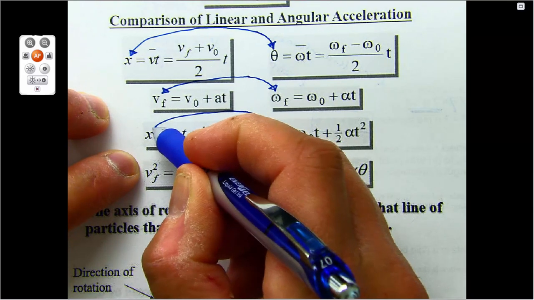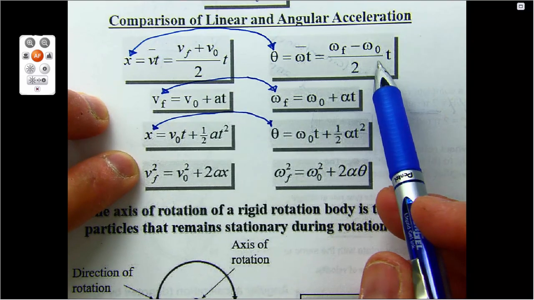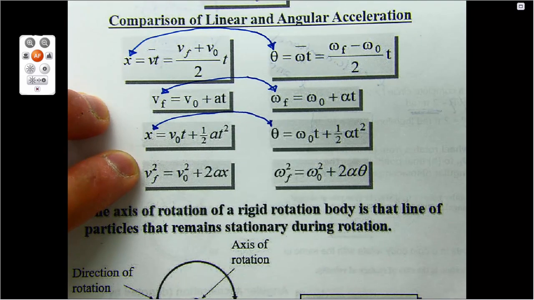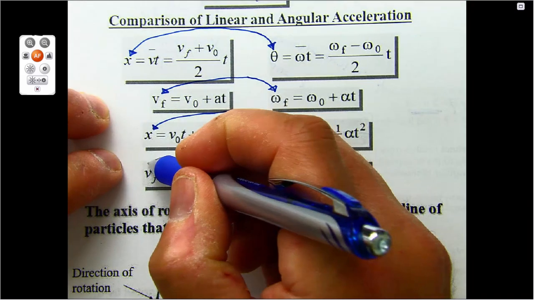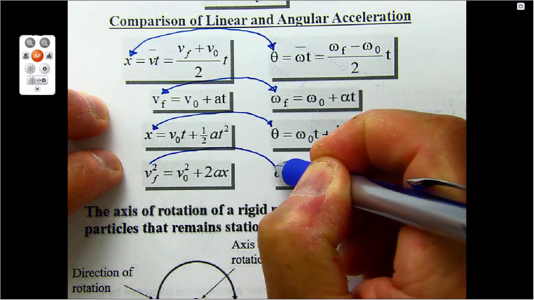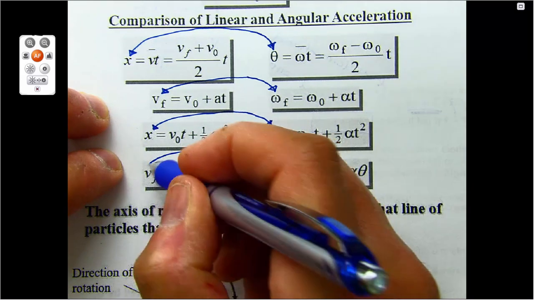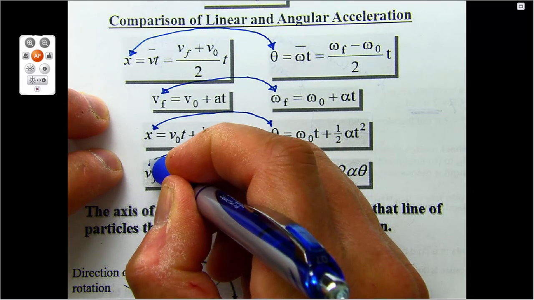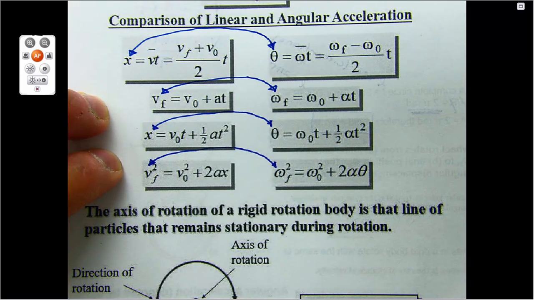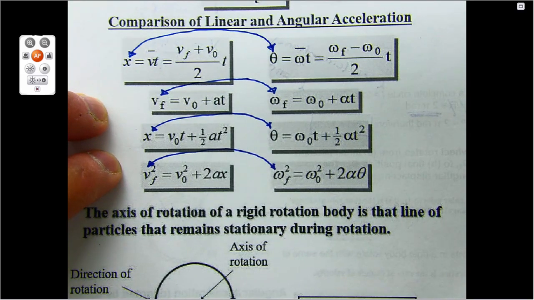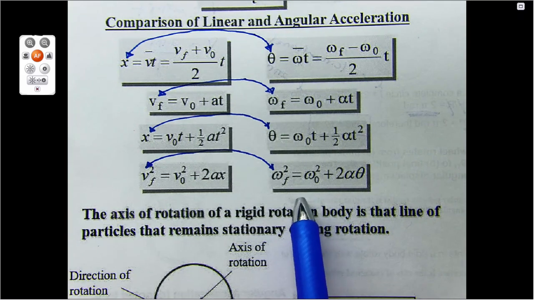We're just substituting in the rotational equivalents. It would be distance traveled, because displacement in a circle would not work. But all of these equations work then, right?